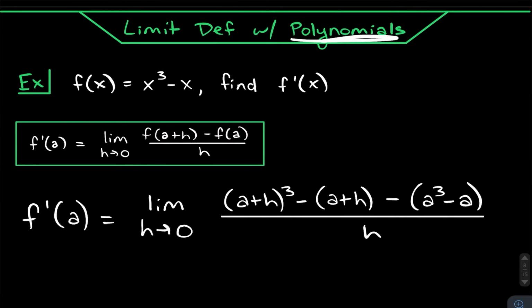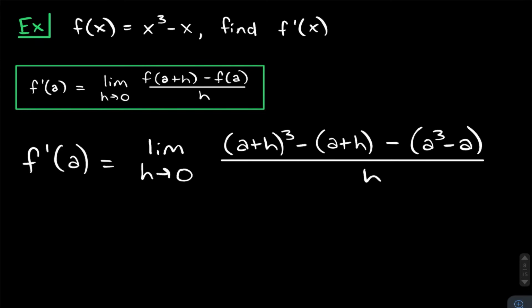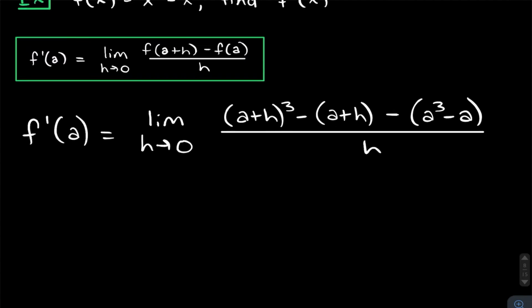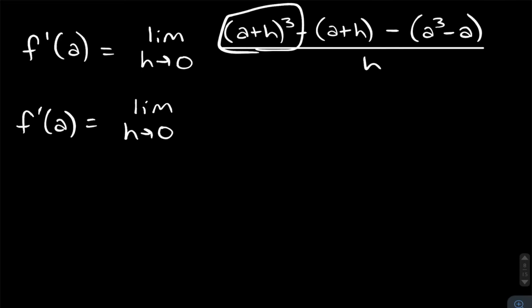Remember that with polynomials, all we have to do is just distribute out this numerator, and then we're able to cancel some h's. So let's go do that here. We'll get f prime of a as the limit as h approaches 0 of, and this is something you should memorize, okay?